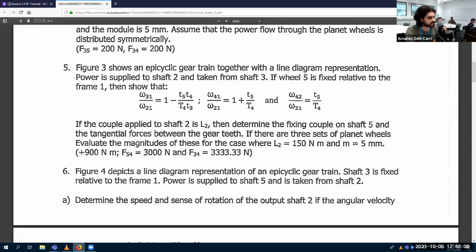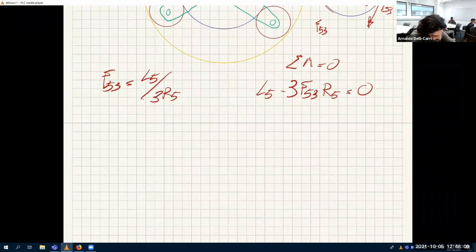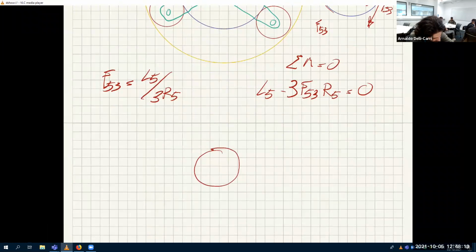Okay, let's do the free body diagram of the planet. If I do the free body diagram of a planet, say the planet at the top, how many forces are acting on the planet? Is there a torque on the planet or not? Yes. It's an internal torque.